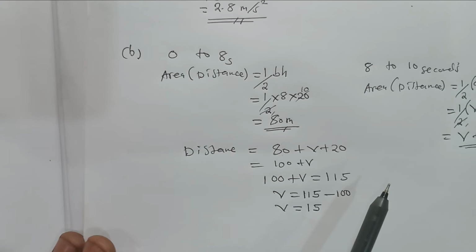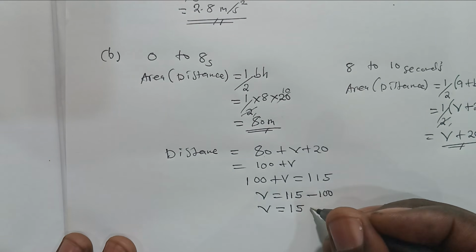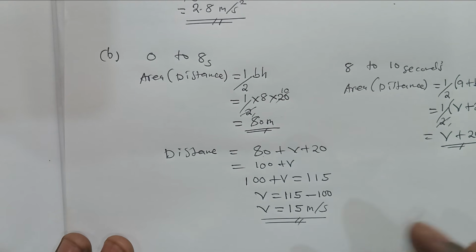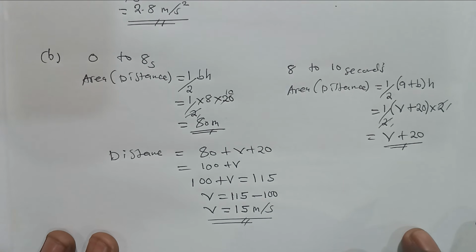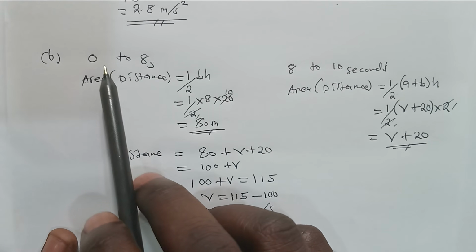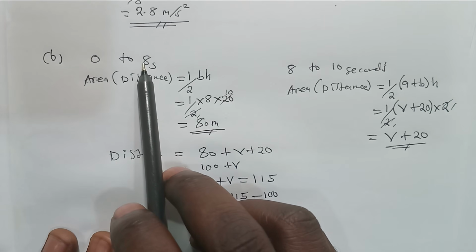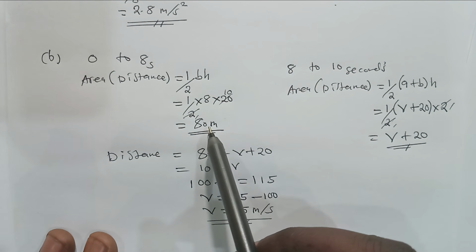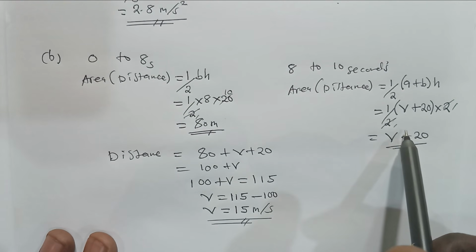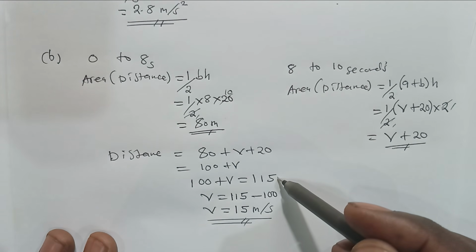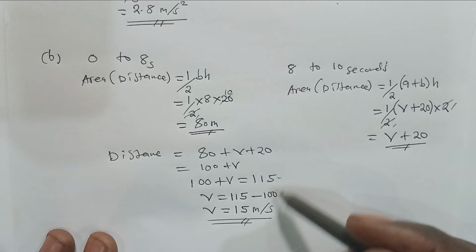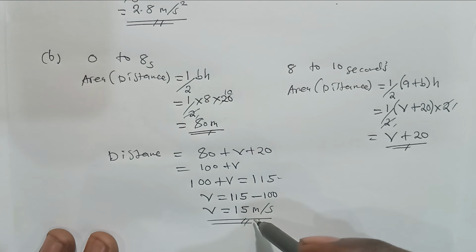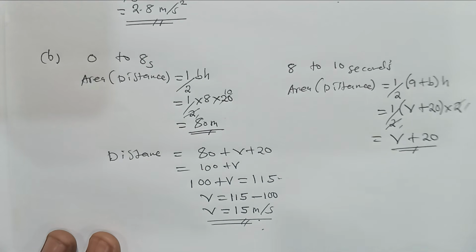So we are going to say V is equal to 15 meters per second. So this is how you get the value of V. Initially, you find the distance from 0 to 8 seconds plus the distance from 8 to 10 seconds. Then when these are added together, they should equal the 115 which has been given in the question. That's how we find the value of V, which is 15 meters per second in this case.